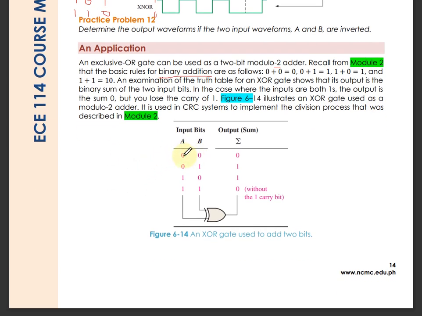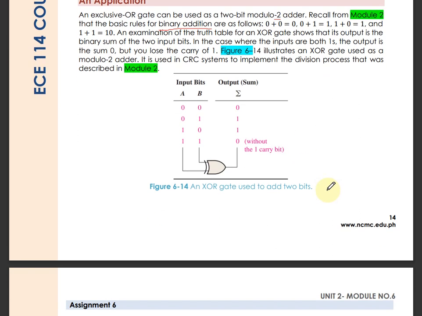So as I said earlier, 0 and 0, the sum is 0, 0 plus 1 is 1, 1 plus 0 is 1, then 1 plus 1 is 0, that is without the carry 1 bit. Okay? So this is the application of the XOR gate as a 2-bit modulo 2 adder.